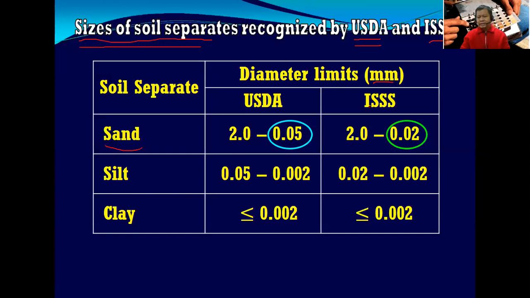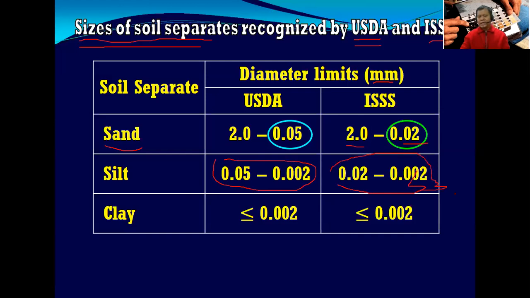But in the ISS, the International System, the upper diameter limit of sand is 2 mm, but the lower diameter limit for sand is 0.02 mm. So they are different. For silt, under the USDA classification, the diameter is within this range, while the diameter limit of silt in the International System is within this other range.